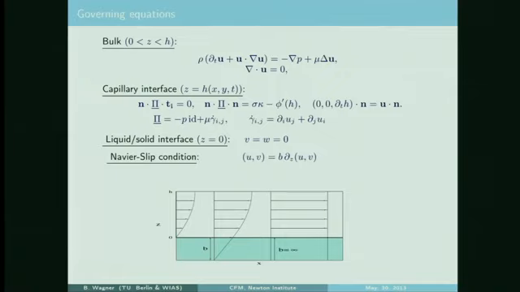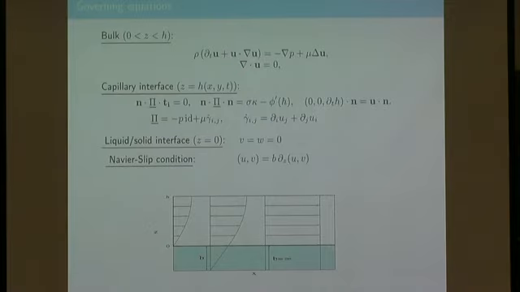And so we go with just about the usual modeling. This is the conservation of momentum, conservation of mass. Then we have boundary conditions at the capillary interface, which are the tangential balance and the normal contribution, added here with the disjoining pressure coming from the interfacial potential, coupled with the kinematic condition. This is the stress tensor, just the usual thing.